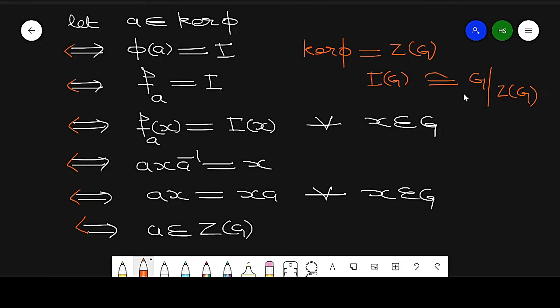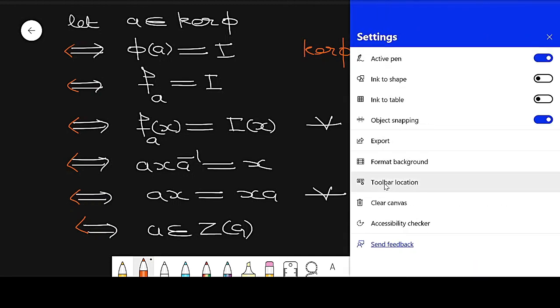Now we already know this as we did the cyclic group. So what is phi of n?